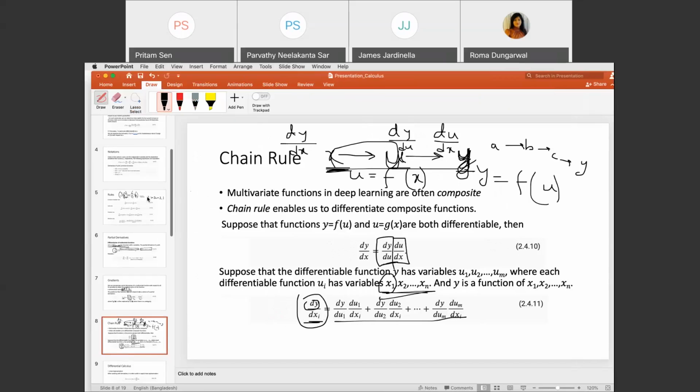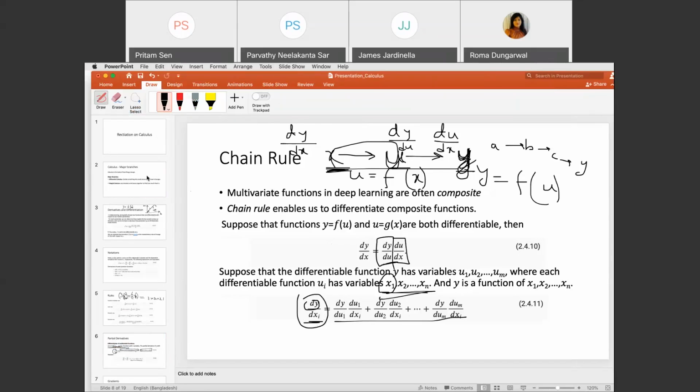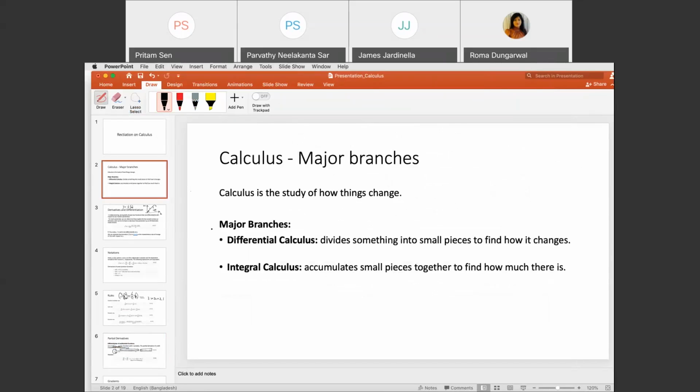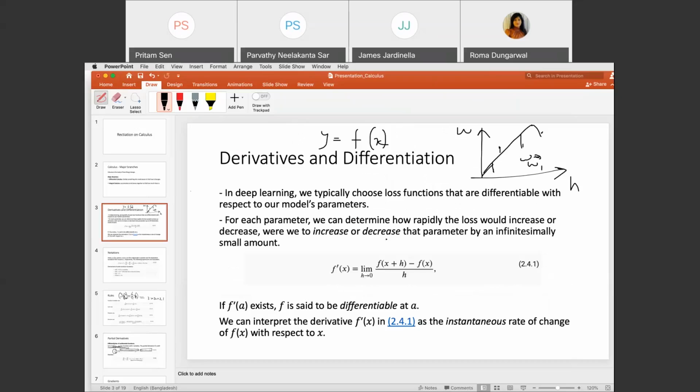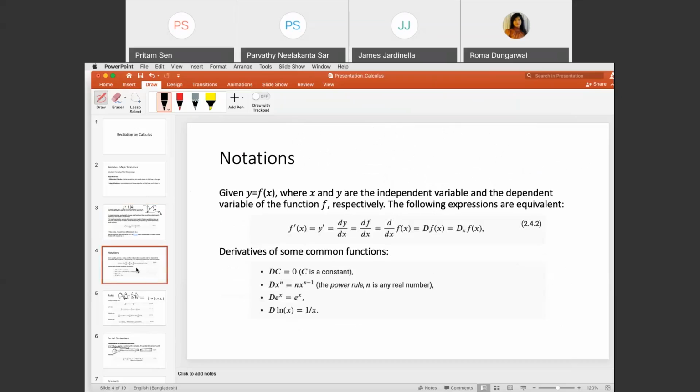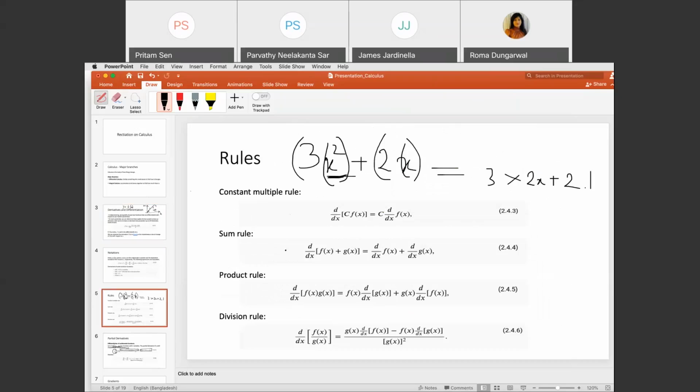So these are the preliminary rules. If I want to review again, these are the major branches. This is the concept of differentiation, and these are the notations, and these are the basic rules.